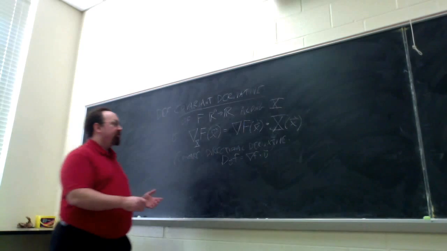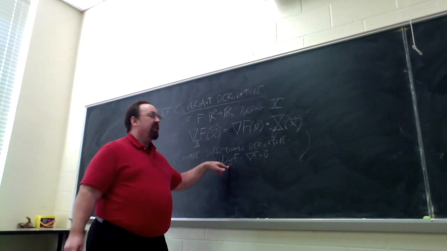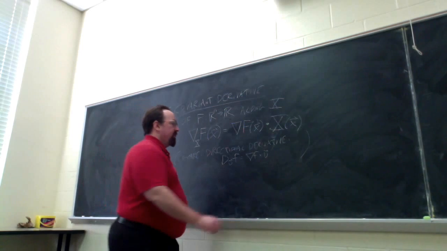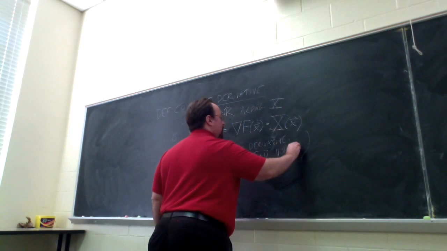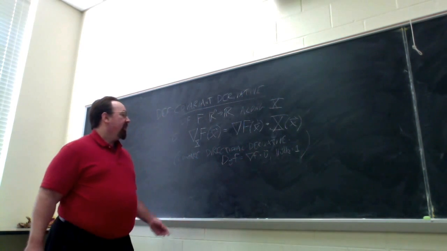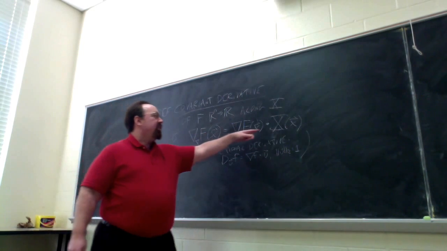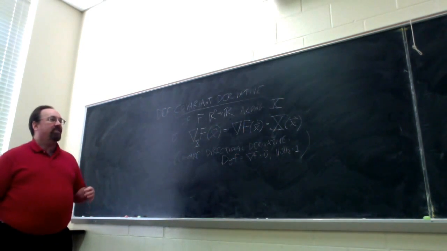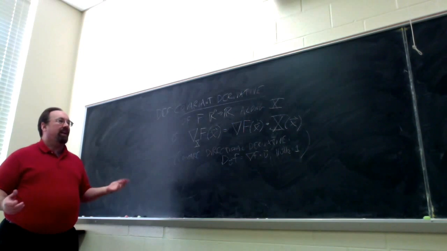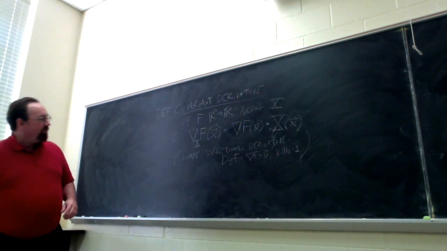The difference is that in the directional derivative, the direction is taken to be a constant vector. In fact, it has to be a unit vector. Whereas here you're taking a directional derivative, except your direction is not constant. It's a function of x. And it doesn't have a requirement that it has to have unit length, which I think would have been a good idea, but they don't put that requirement in here.